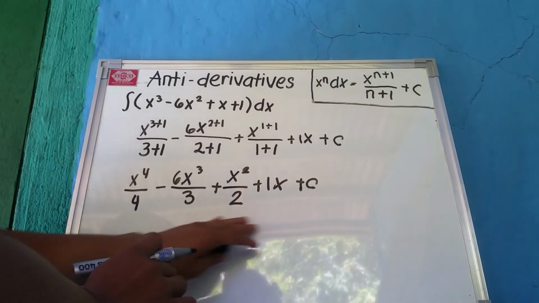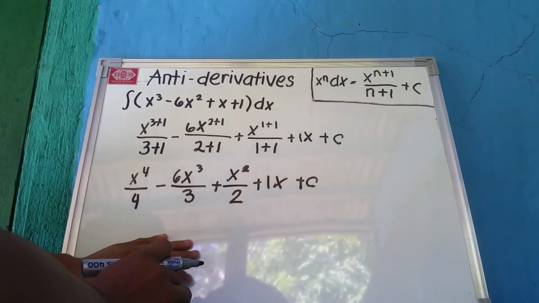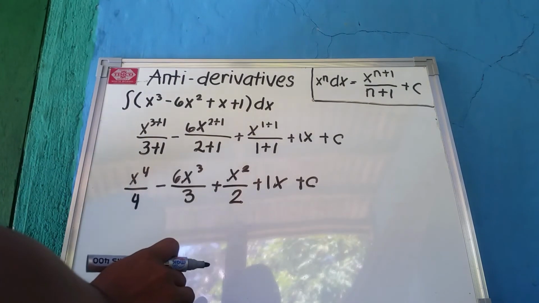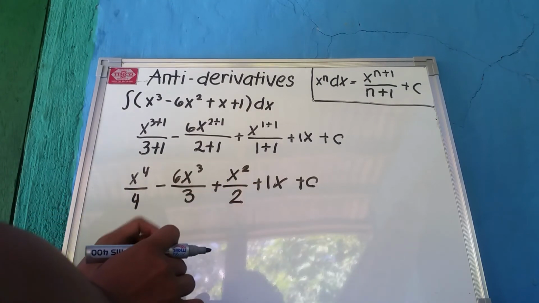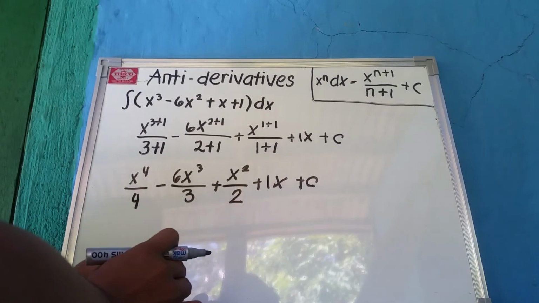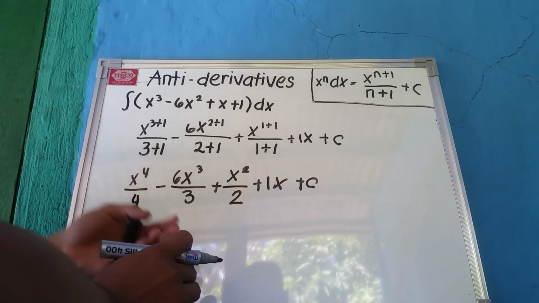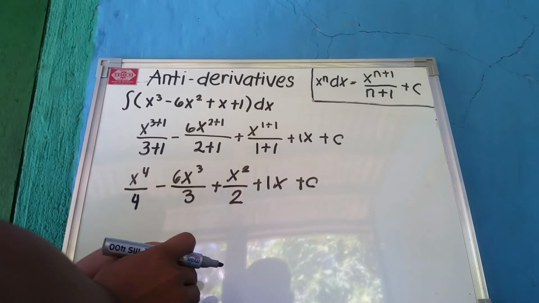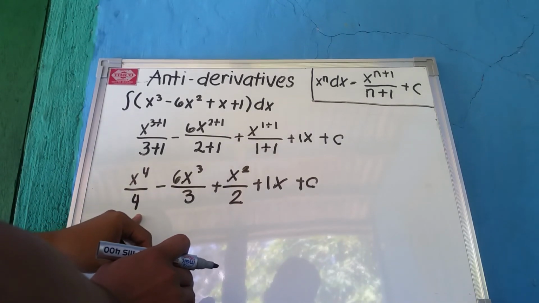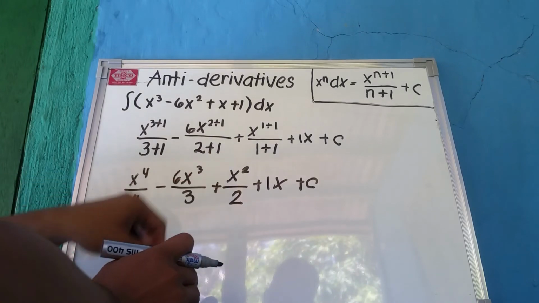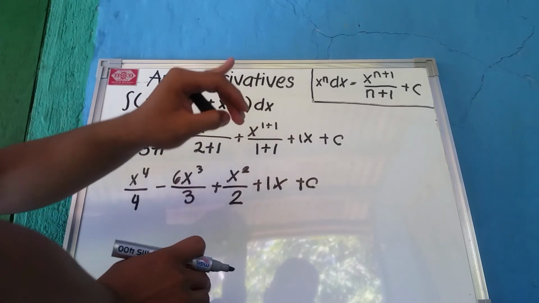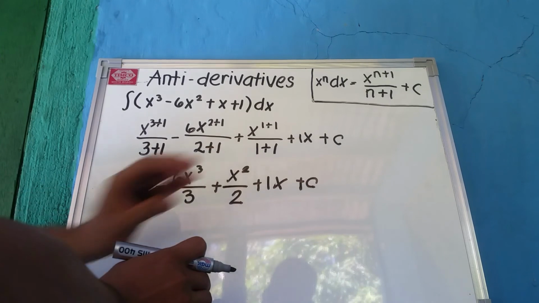Now, in our answer, maybe we can see some parts which we can simplify now. So here we cannot simplify it yet, and we cannot simplify that one, this one.